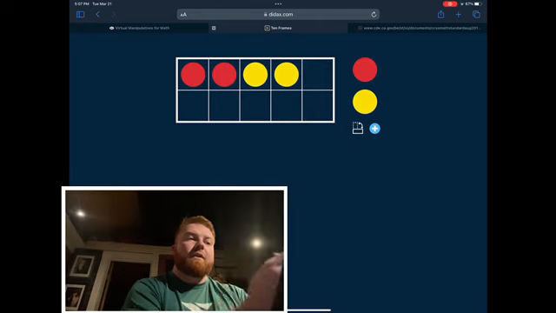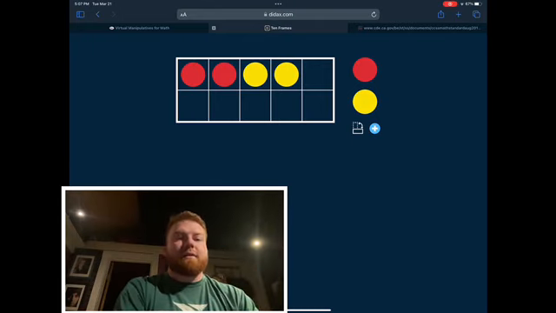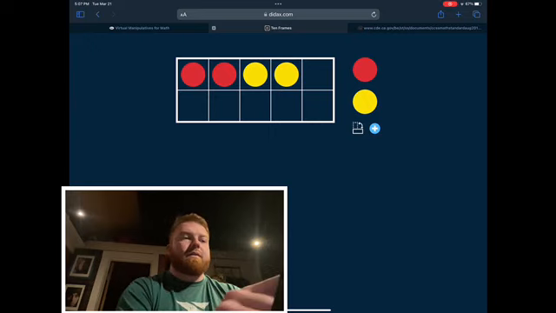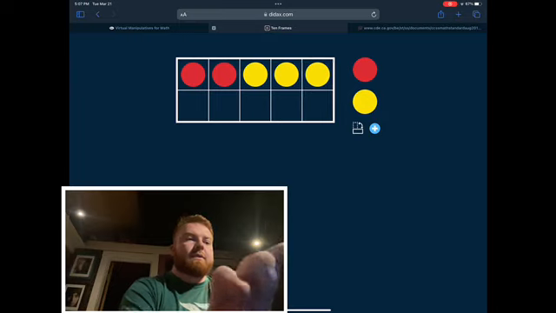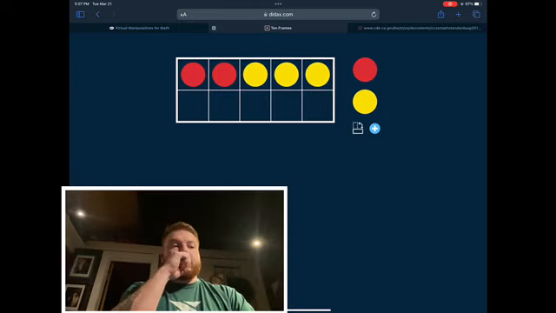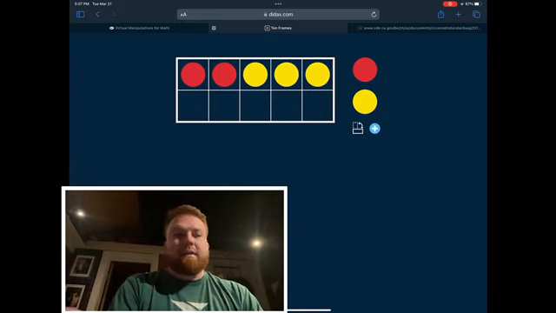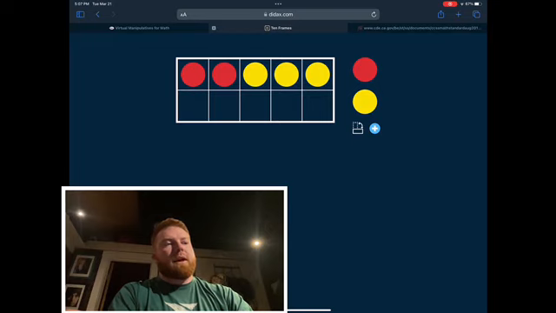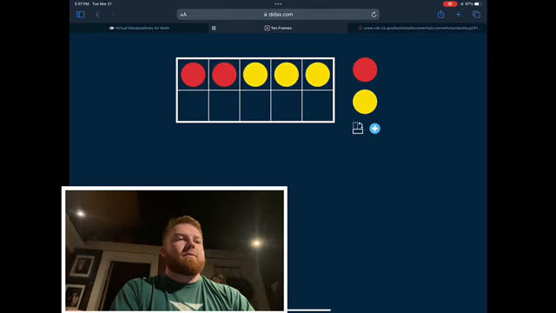And if we go back to what we learned earlier, the entire top row is 5 spots. So if we're missing one, less than 5 is 4. So now let's add another yellow. As we learned at the beginning of the lesson, we had 5 spots in the top row. So now, even though it's red and yellow, there's 2 different colors, how many spots are filled up? 5.